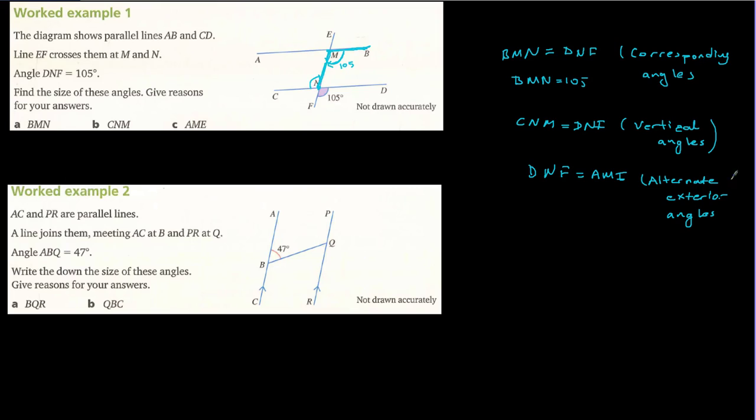And we know that alternate exterior angles are equal to each other in parallel lines. So here I forgot to write that CNM is equal to 105 degrees, and AME is equal to 105 degrees, I'm sorry.